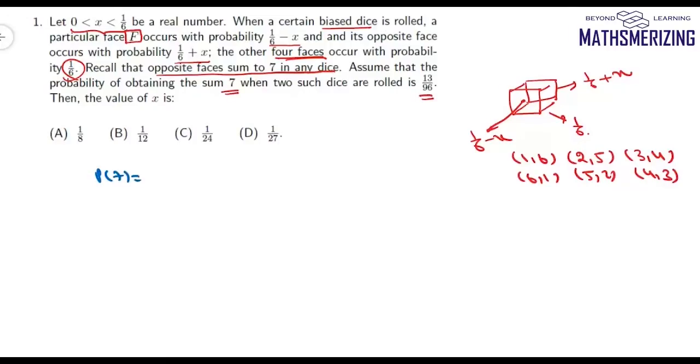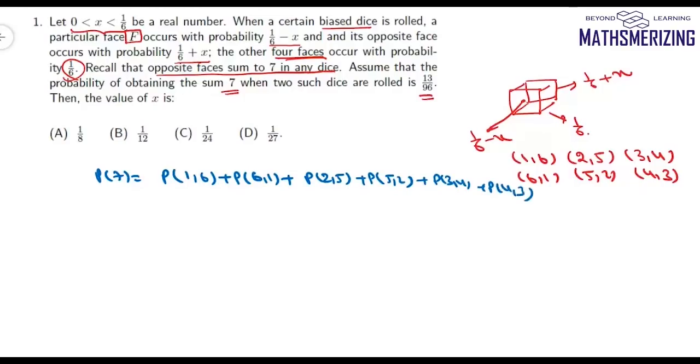So the probability of getting the sum 7 is when we get either (1,6) or (6,1) or (2,5) or (5,2) or (3,4) or (4,3).